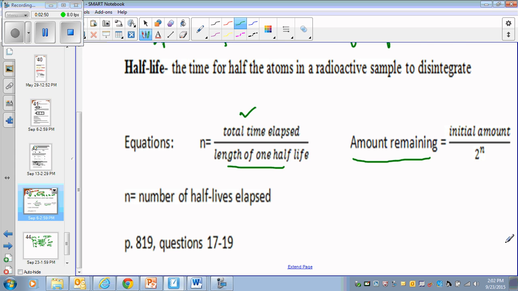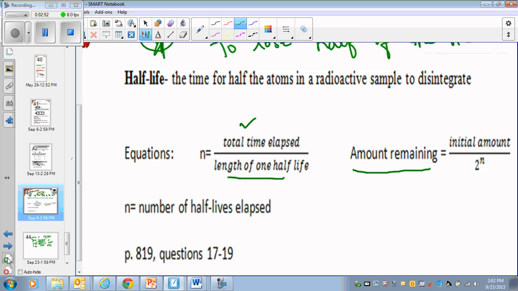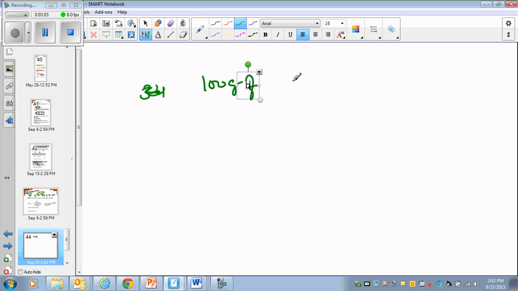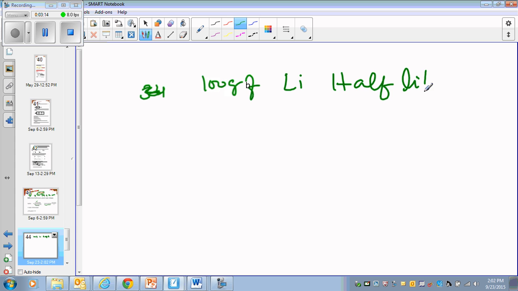For example, let's do a question. Let's take it simple. You have 100 grams of lithium, and the half-life of lithium is 4 days.